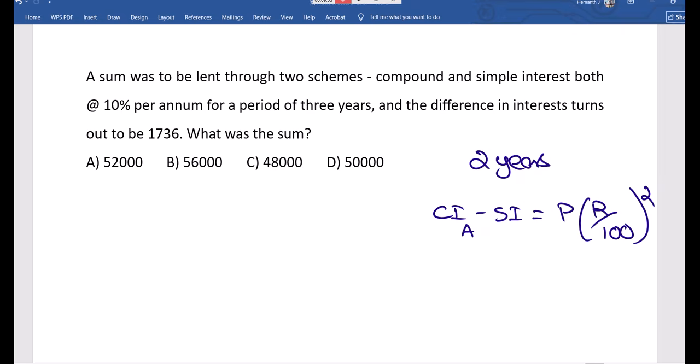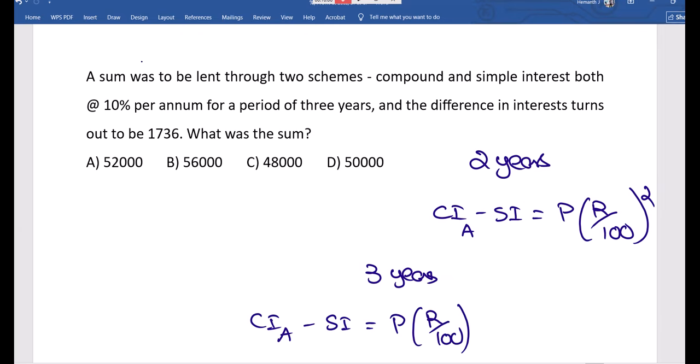If it is for 3 years, it is a bit more difficult to remember the formula. Compounded annually for 3 years, the difference is P into R by 100 whole square into 3 plus R by 100. If you want to solve this question in a very fast way, the difference is given.